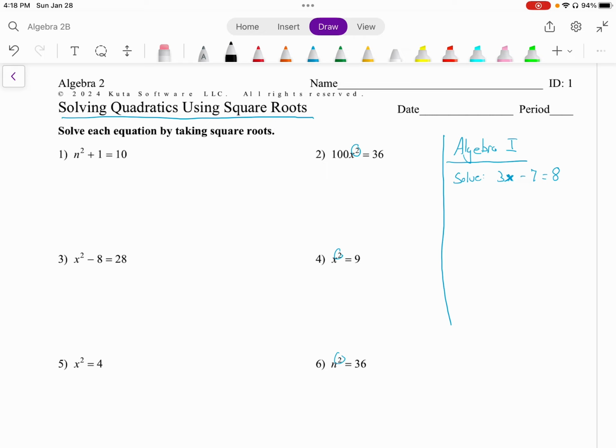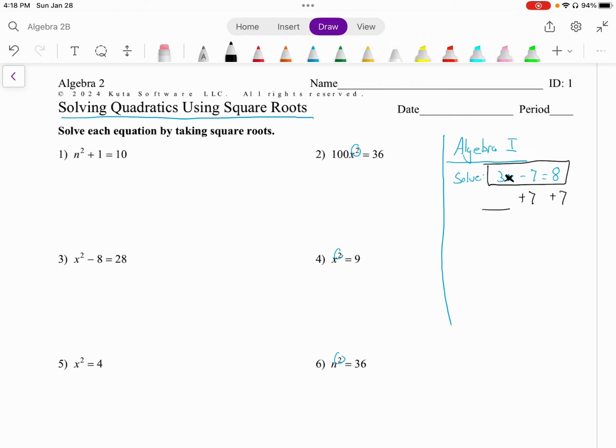What I want to show you is that a question like this is very similar to what we're going to be doing in today's lesson. There'll just be one more step, or one more inverse, that we have to think through. As we look at this equation, 3x minus 7 equals 8, here is our x, and we want to solve for that. The first thing we do is add 7 to both sides, because that's the inverse of subtracting 7.